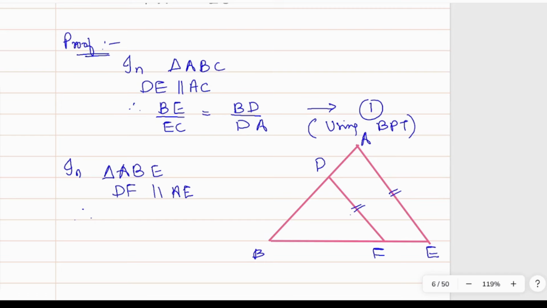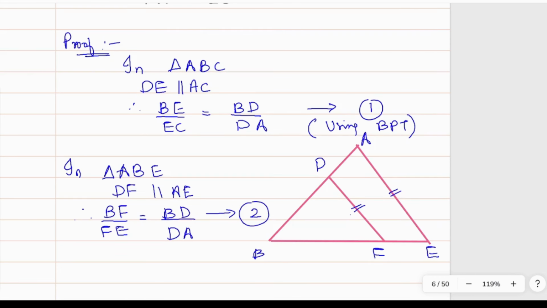Every time whenever you are writing something, if there is some reason for that, you have to write that in the bracket. Then DF parallel to AE means I can write what? BF by FE equal to BD divided by DA. And this one I am giving the equation number 2.